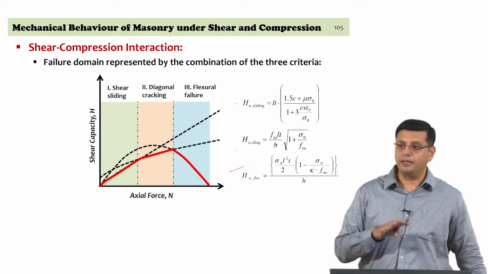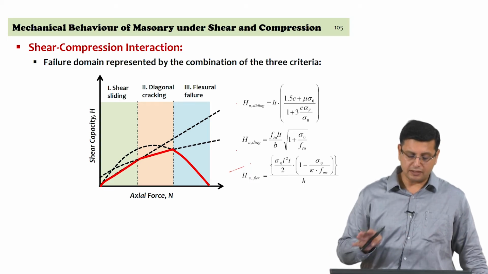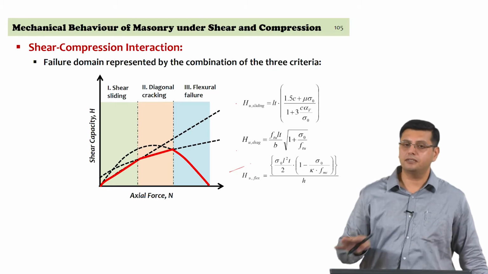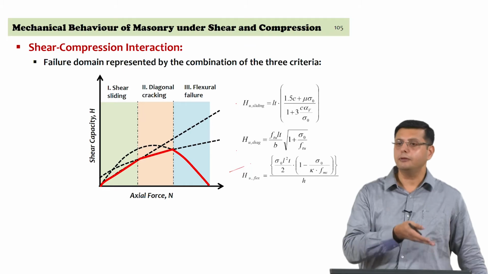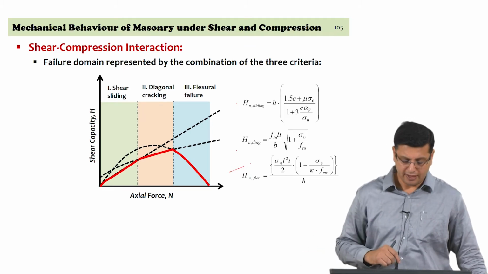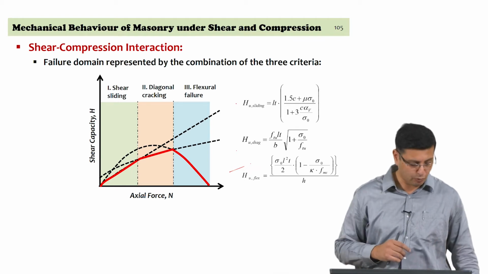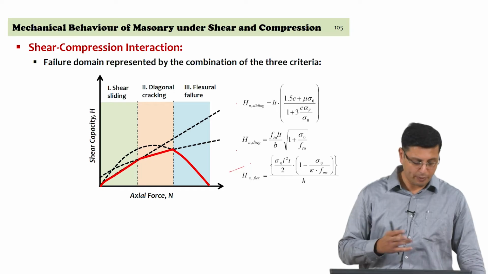Now, this is for in plane capacities, in plane behavior, and we have expressed it in terms of shear capacity versus the axial force. This can also be represented in terms of the moment versus the axial force, which then becomes an interaction surface in moment and axial force.